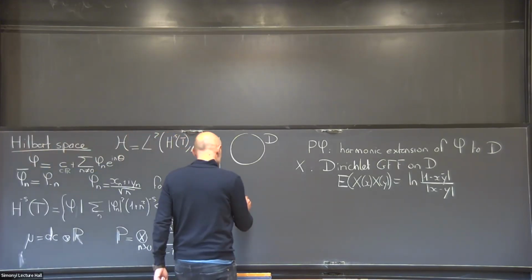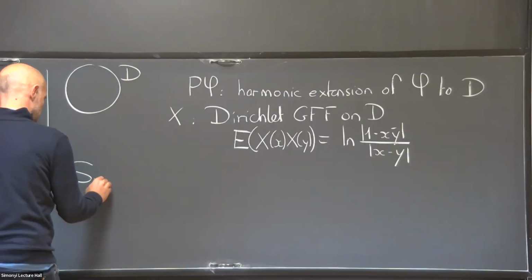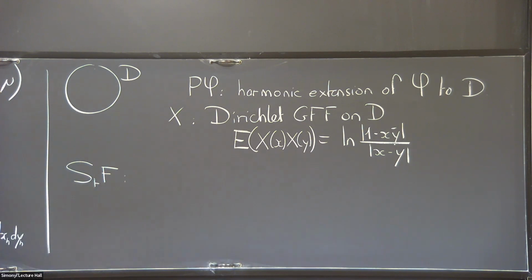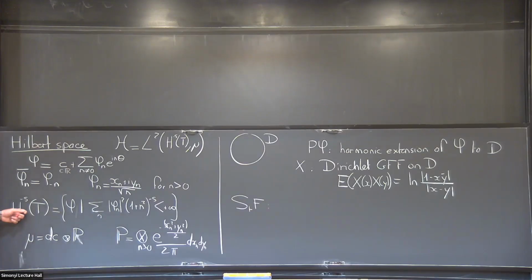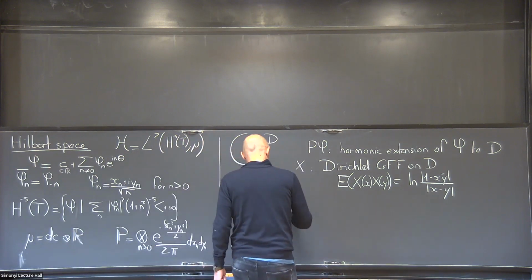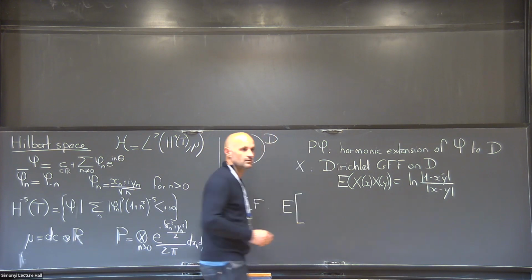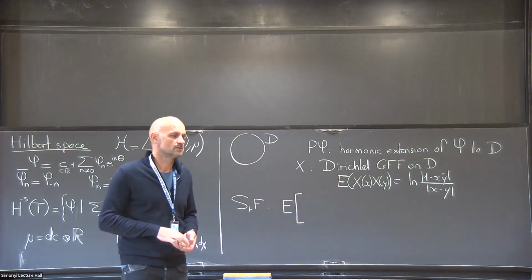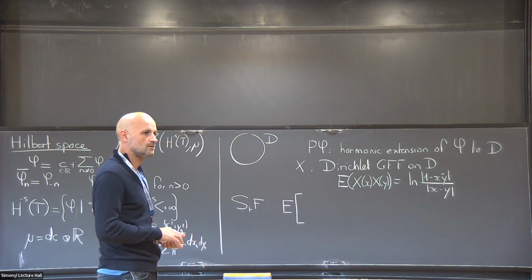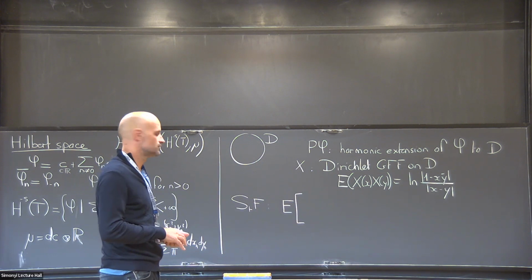So the semigroup. So f is a test function, a measurable function defined on H, and it will be an expectation. So just to be clear, this P is the same as the Gaussian free field restricted to the unit circle?